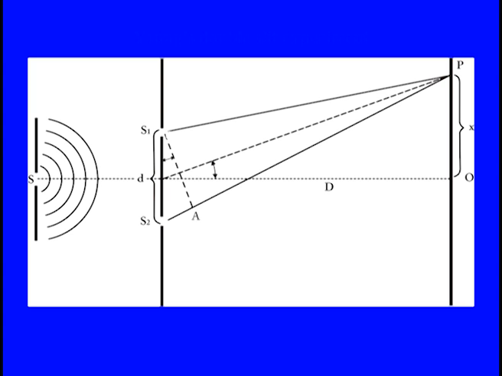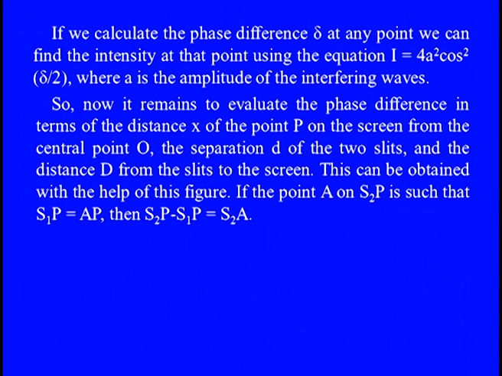As the point P moves up and down on the screen starting from point O, the magnitude of the path difference S2P minus S1P increases, and hence the conditions for maxima and minima will be satisfied alternately. If we calculate the phase difference delta at any point, we can find the intensity at that point using the equation I equals 4a squared cos squared delta by 2, where a is the amplitude of the interfering waves.